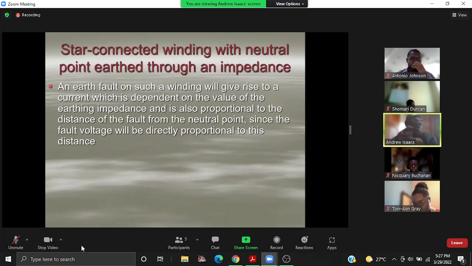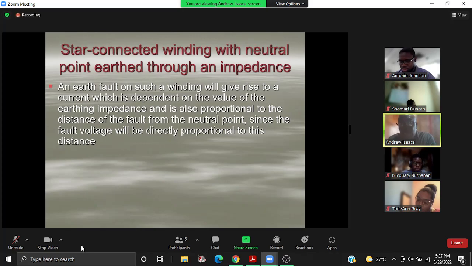All right, so in terms of information, just drilling down now where the impact of the winding is concerned. If you have a star connected and a grounded star through an impedance, the current will be dependent on the value of the earthing impedance.